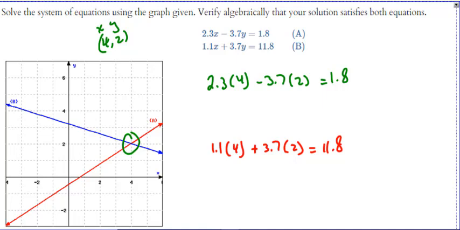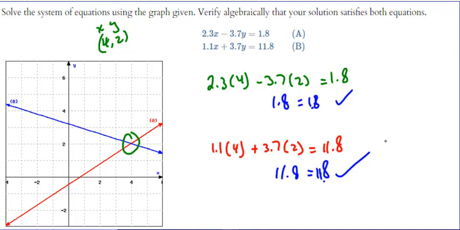So 2.3 times 4 minus 3.7 times 2, and that is 1.8. Does that equal 1.8? Verified. So the bottom one, 1.1 times 4 plus 3.7 times 2, gives me 11.8 equals 11.8. Verified. So yes, it does satisfy both of them.